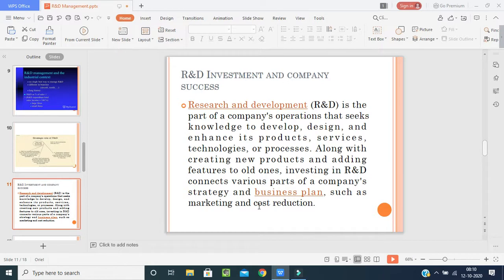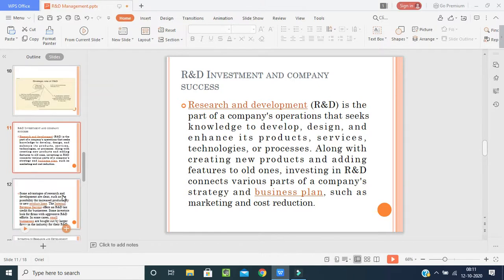And what is that? Nothing but profit making and minimizing the cost. The major role of management is to maximize the profit and minimize the cost. So such as marketing and cost reduction, every company wants to reduce its cost and expand in the market. So this is the main purpose, why investment is needed in the R&D department. Now we'll go for the next term.